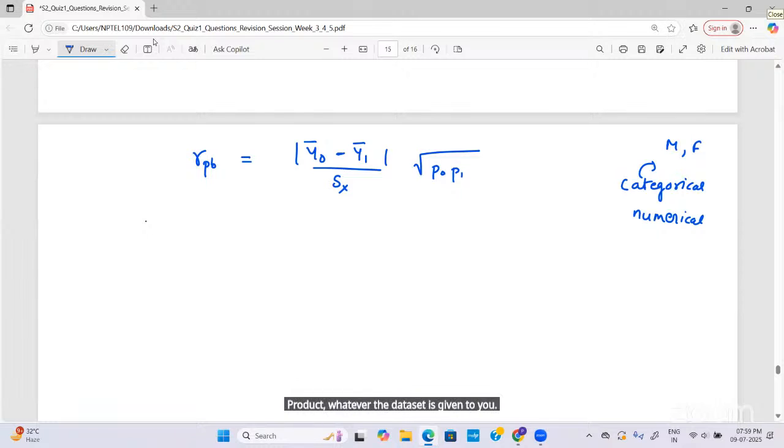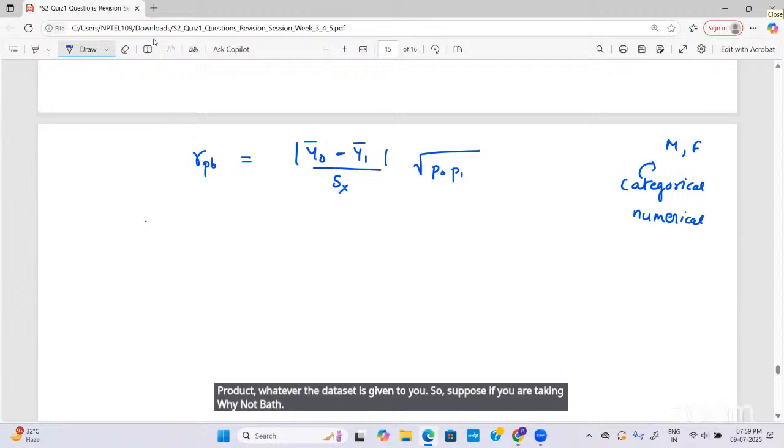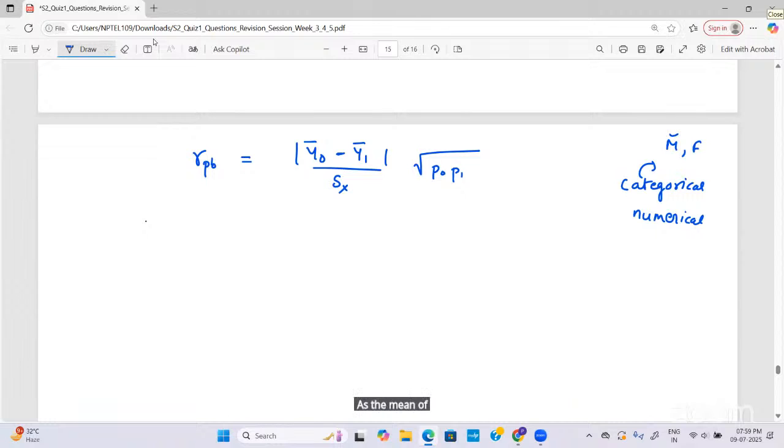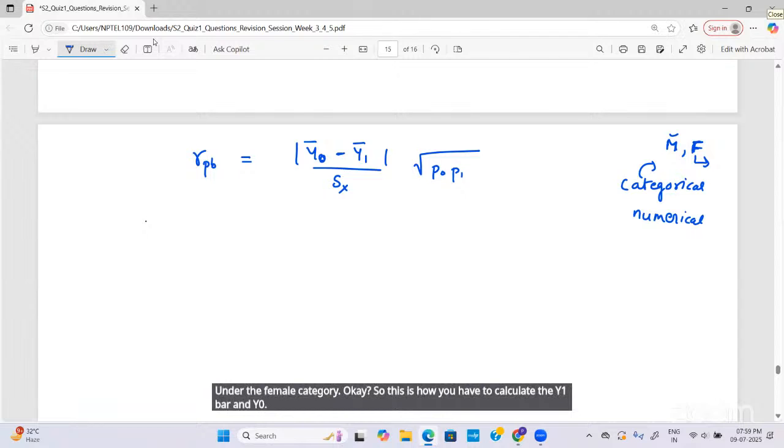If you are taking y0 bar as the mean of category male, you will take all those values which belong to the category male and take the mean of those values. Similarly, you take the mean of the values under the female category. This is how you calculate y1 bar and y0 bar.